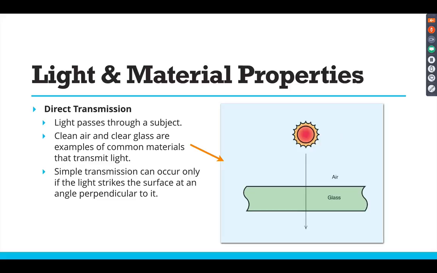It's got to be really clear, because any imperfections in it could cause the light ray to bend, to warp, to reflect, or bounce off of it. So simple transmission can only occur when you've got that light ray hitting the surface at an angle perpendicular to it, just like a surface normal.